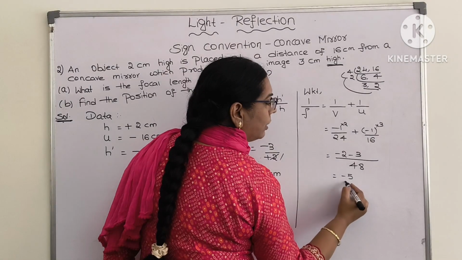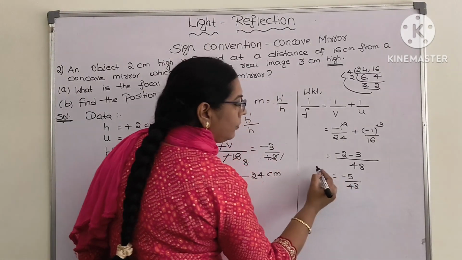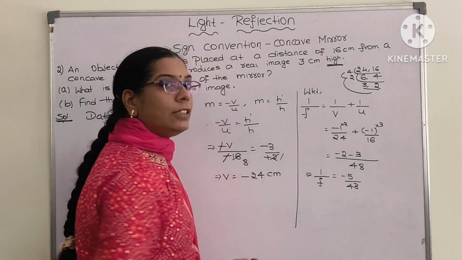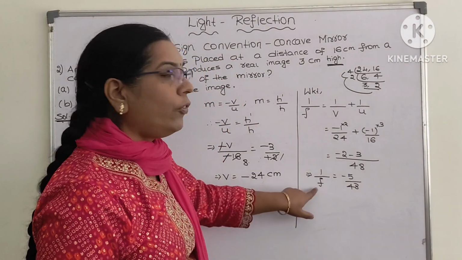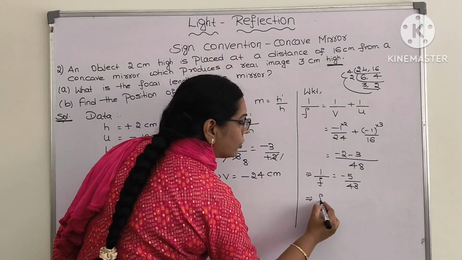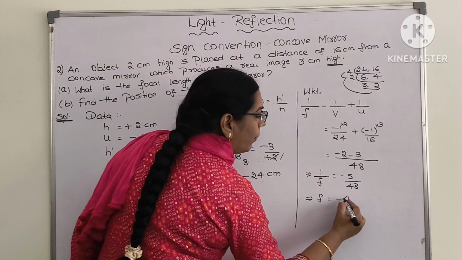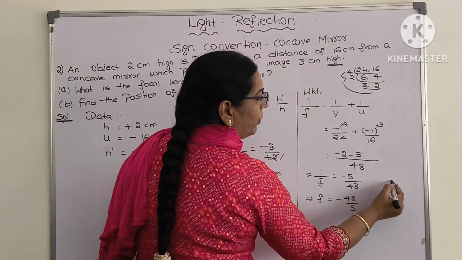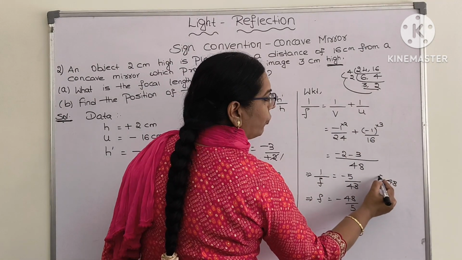So focal length: 1 by F is minus 5 by 48. What do we need? Focal length. So take the reciprocal of both the sides. So F is equals to minus 48 by 5. Do the division. Divide 48 with 5.